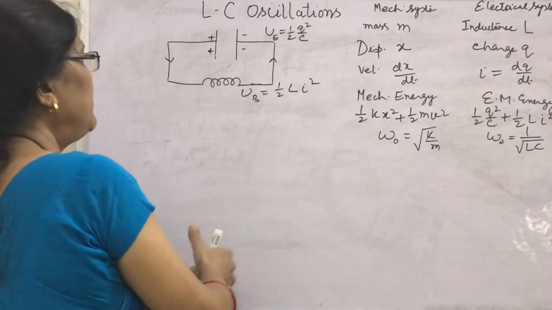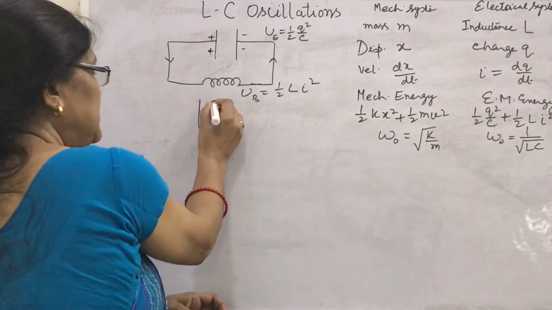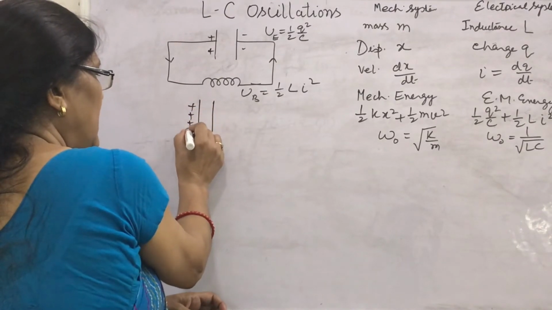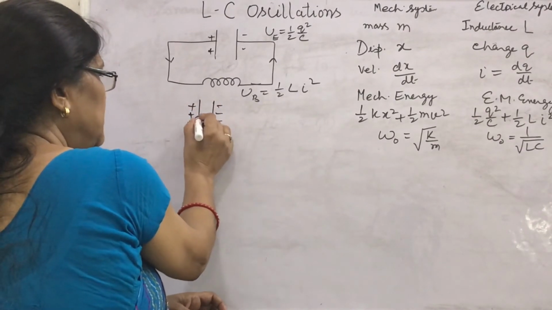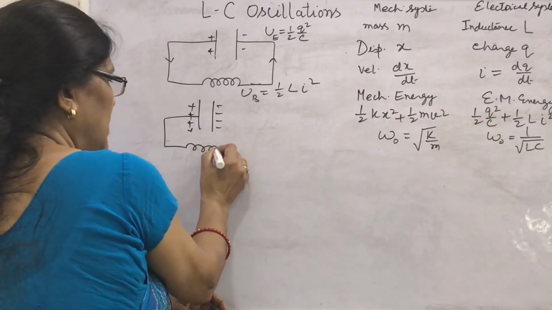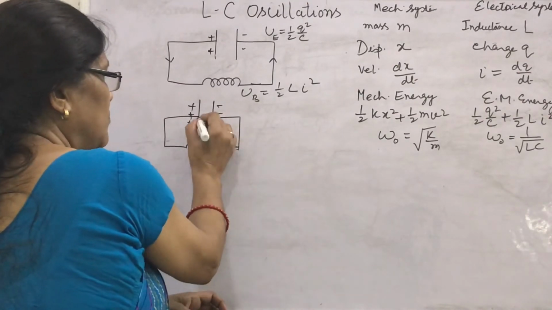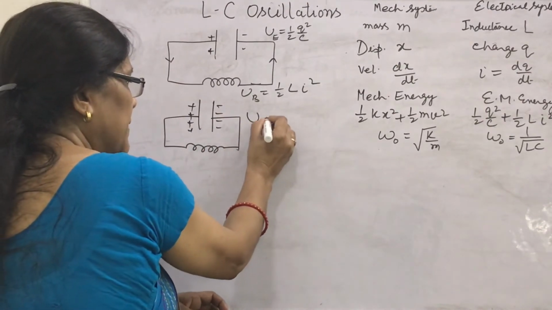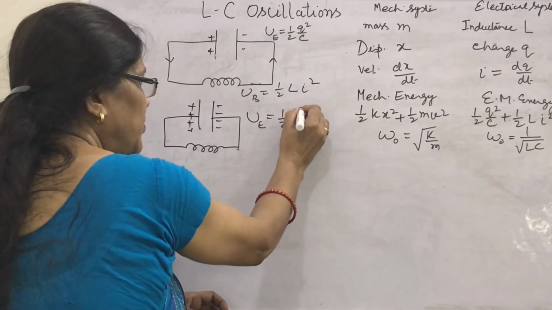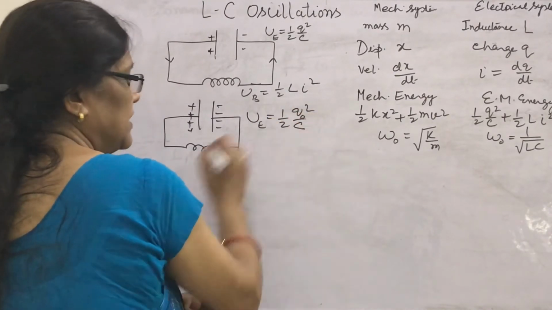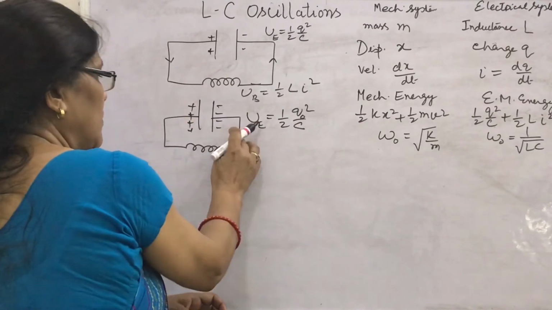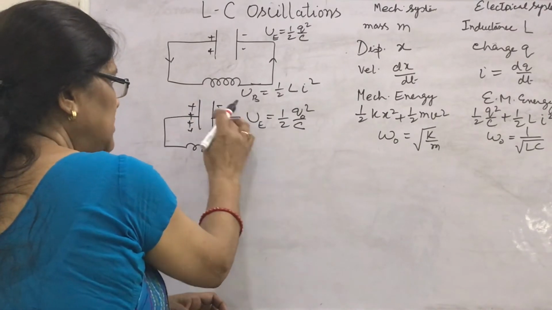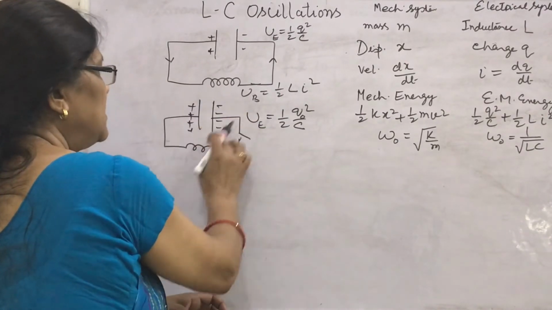What we initially took is a fully charged capacitor that discharges through a coil. Then what was the total energy of the capacitor? This is half q naught square upon C. And when the switch is closed, the capacitor discharges through the coil.